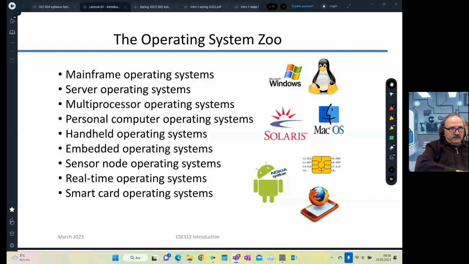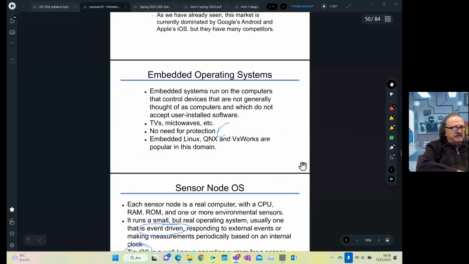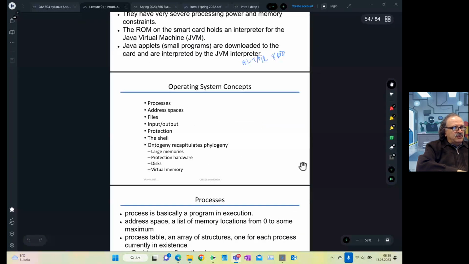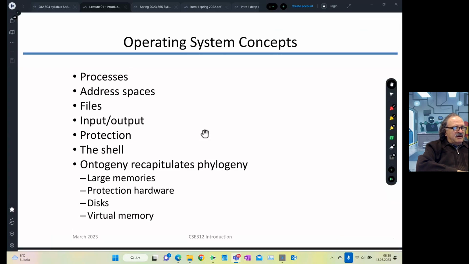Good. Okay, so if there are no questions, then I will finish up this introduction chapter. And now we are going to talk about operating system concepts. We did our hardware review, and we did our main operating system types review. Now we are going to talk about operating system concepts.